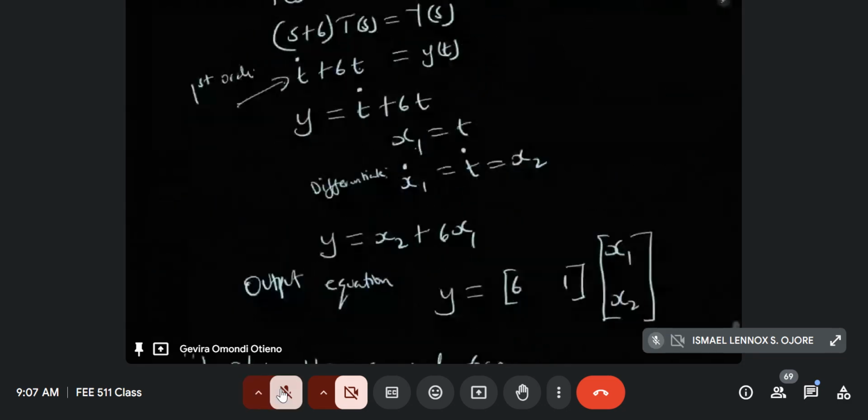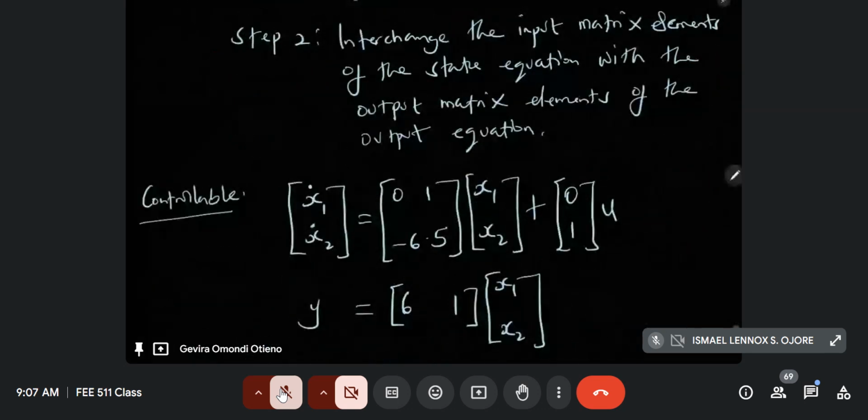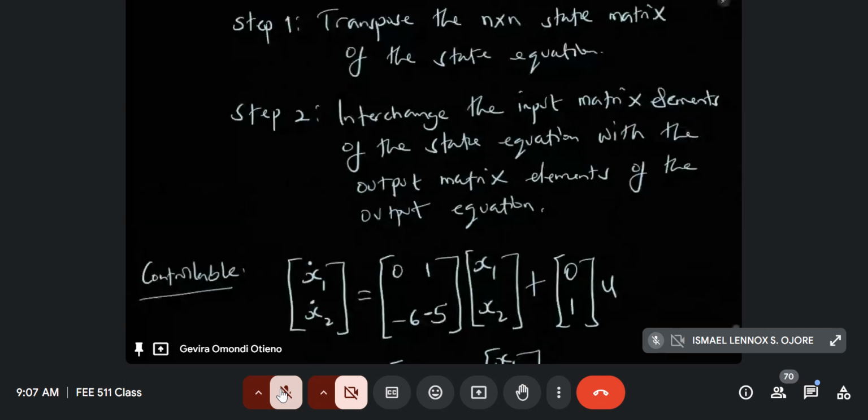Oh, it's minus 6, minus 5. Oh, yeah, thank you. It's minus 6, minus 5. I forgot to put that there. Thank you. So now we are supposed to, 1, transpose the n by n state matrix.